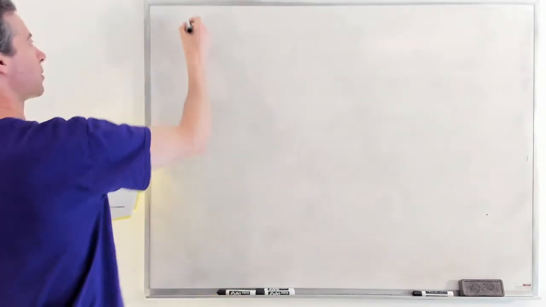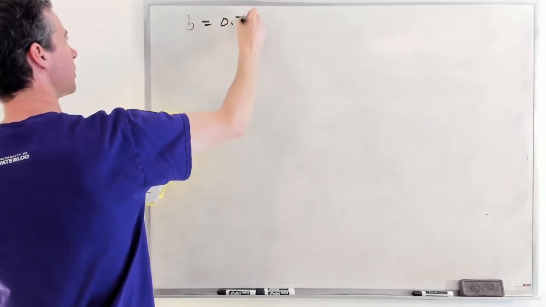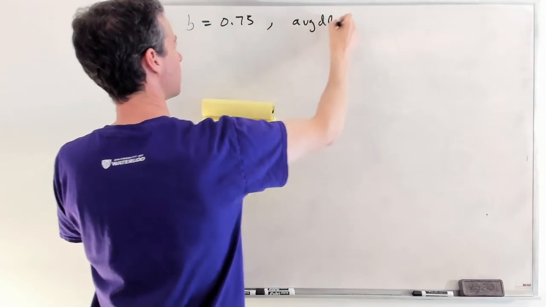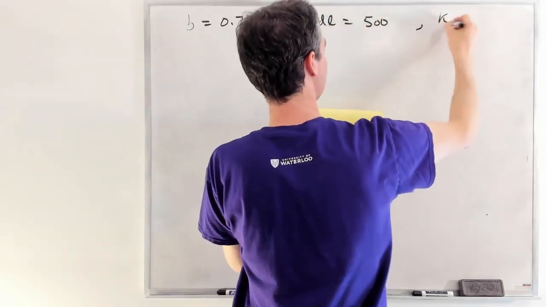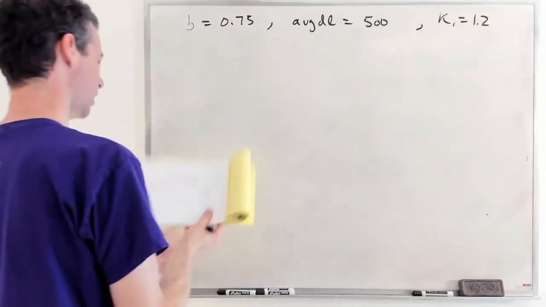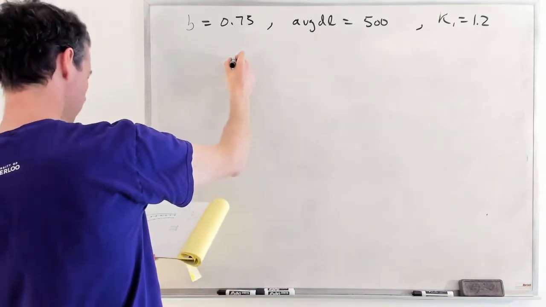So let's look at some common settings. If we set B to be 0.75, let's set the average document length to be 500, and let's set K1 equal to 1.2. If we do that, let's then take F sub I and see what's going on with these documents.